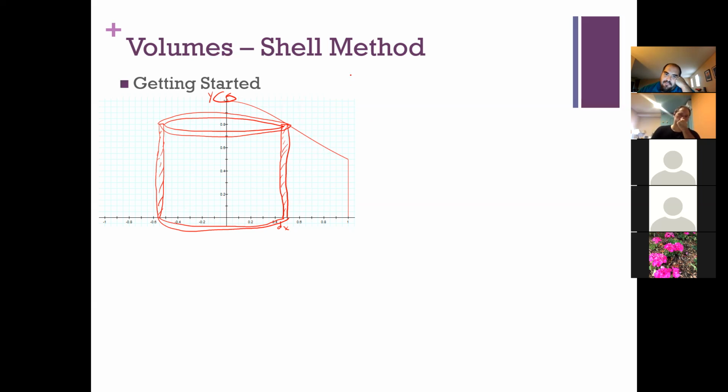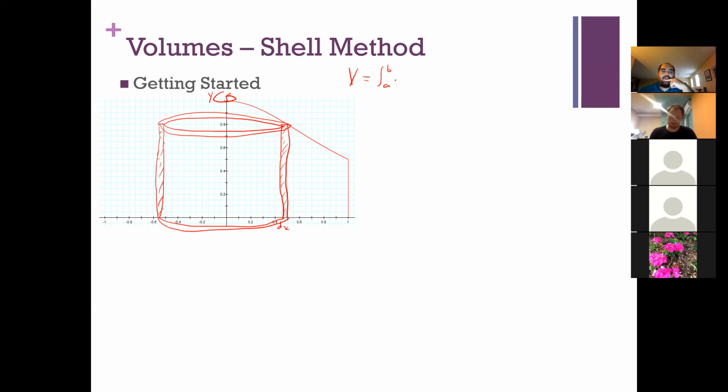So let's kind of start with what we did yesterday. Our volume is still going to be in some integral from a to b of pi times radius squared times height. I'm sorry, not pi times radius squared times height. That is absolutely false.